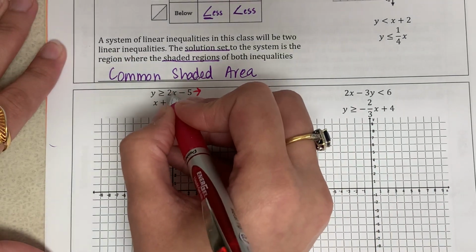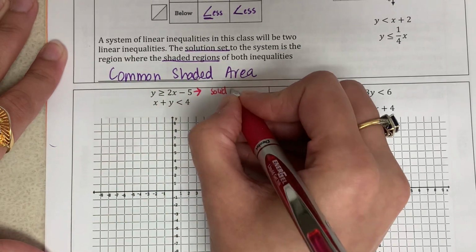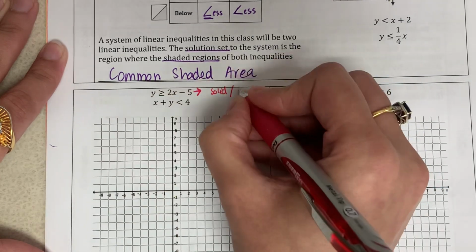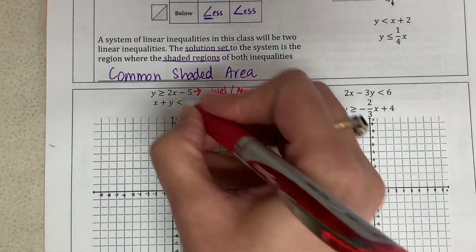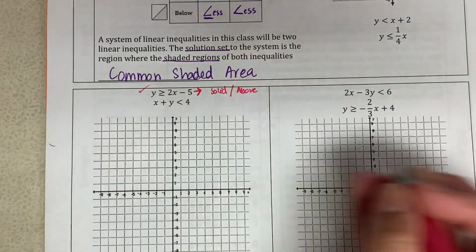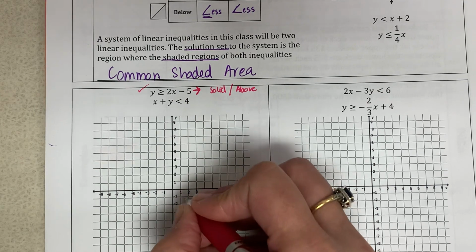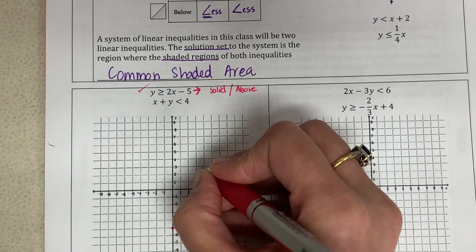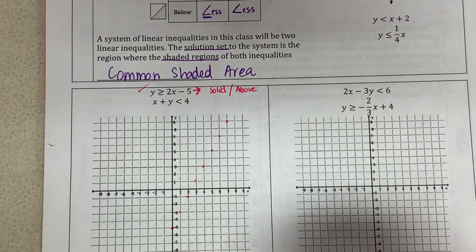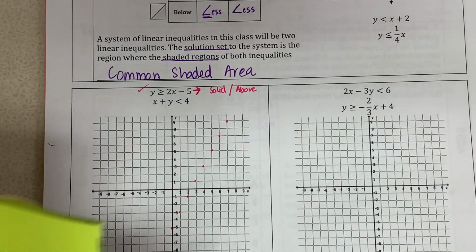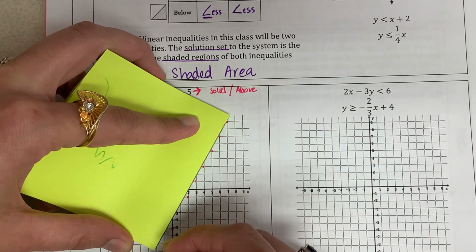y greater than or equal to 2x minus 5. So this is a solid line, and this is greater than, so shading is going to be above it. So this is what my note is. Let's draw the line. It's going to be a solid line, so I'm just going to draw a solid line.